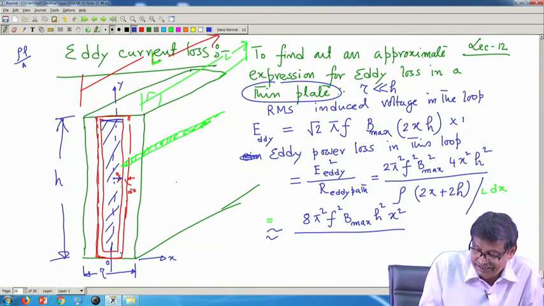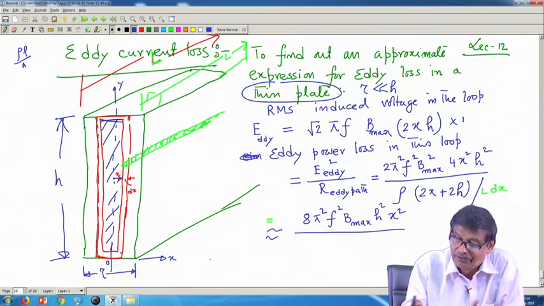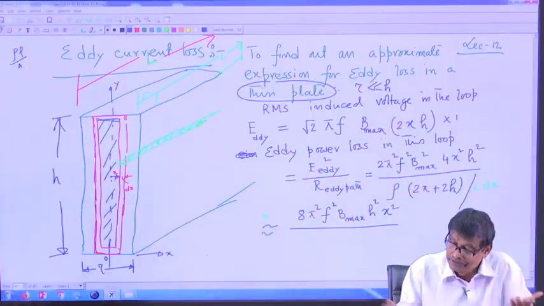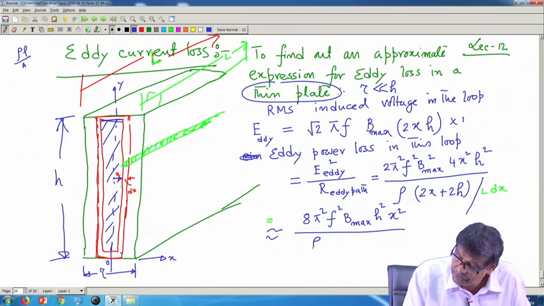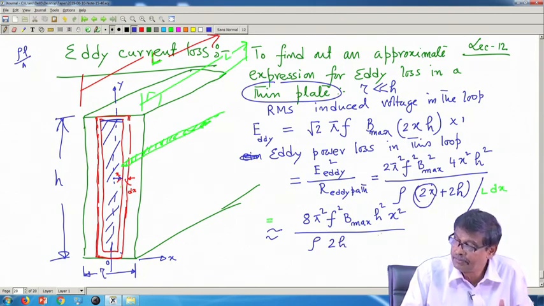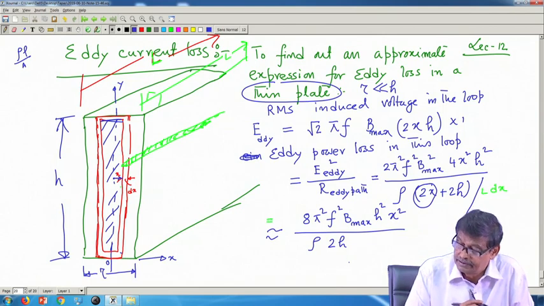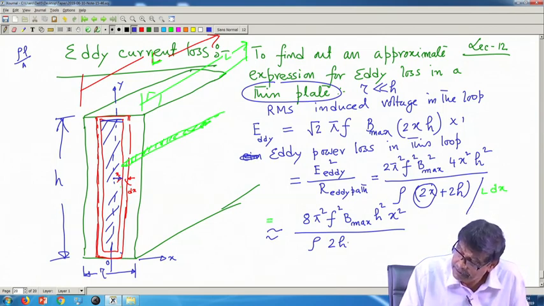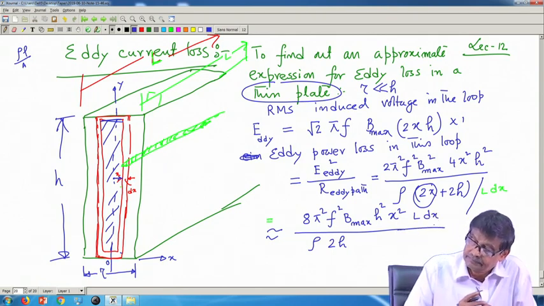See, x is a subset of tau, and tau is already small compared to h. So, there will be no harm if you write it as rho into 2h. This 2x term can be neglected compared to 2h, divided by L dx, which I will put like this. Is that clear?